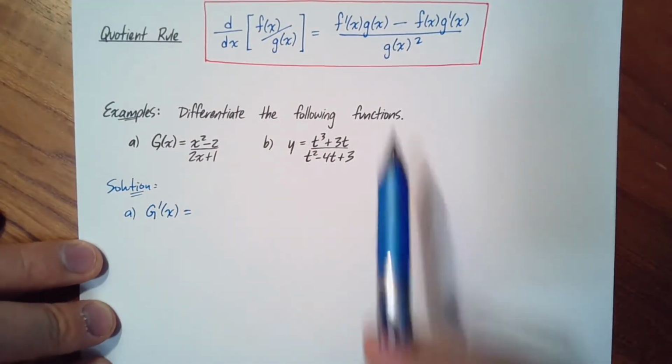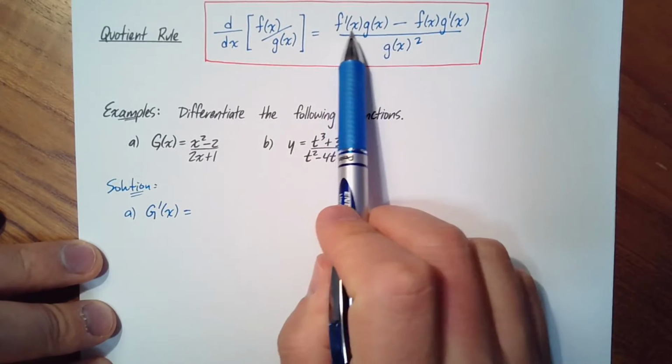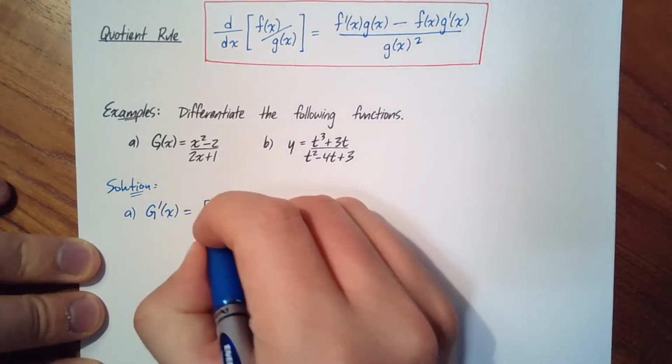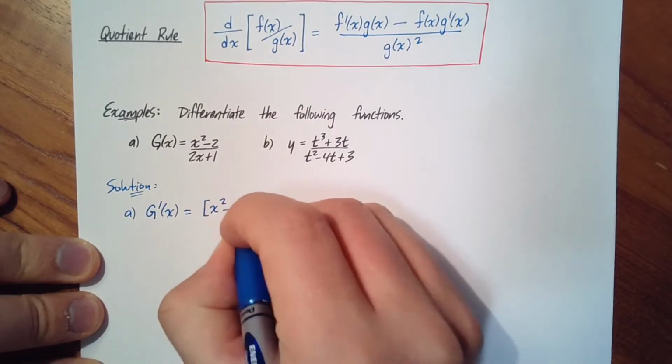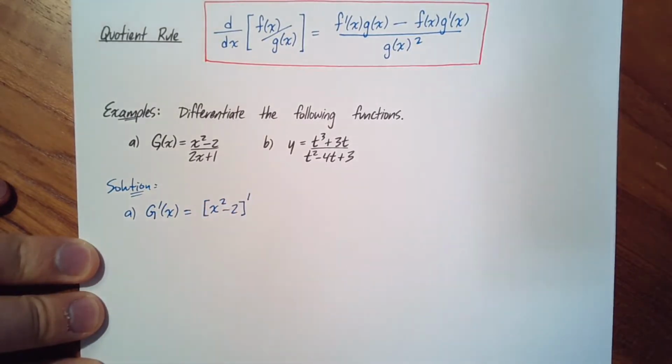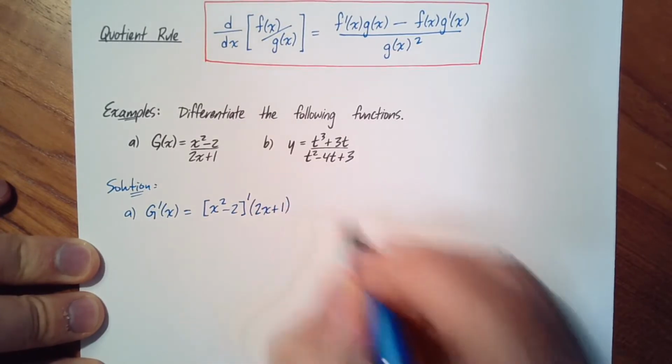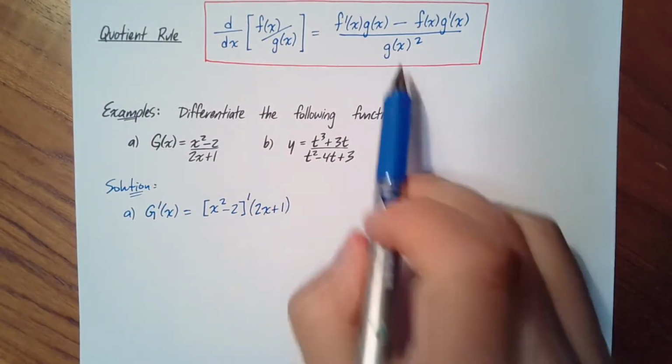The first thing we're going to do is write down this term where we differentiate the numerator, but we leave the denominator alone. So we're going to differentiate x squared minus 2, and then multiply it by 2x plus 1. That's the first term of the numerator.